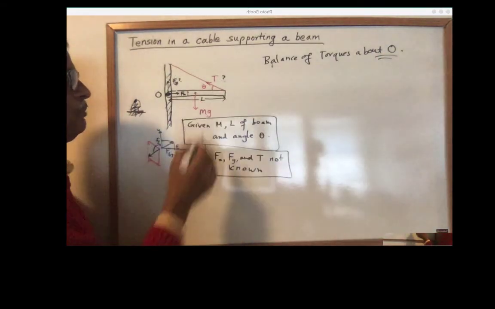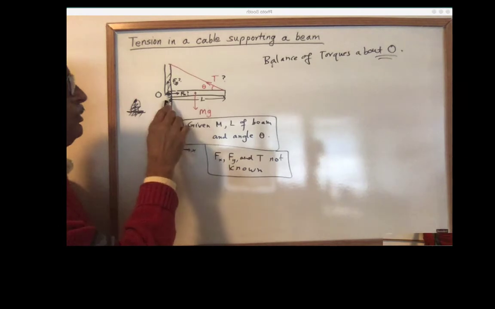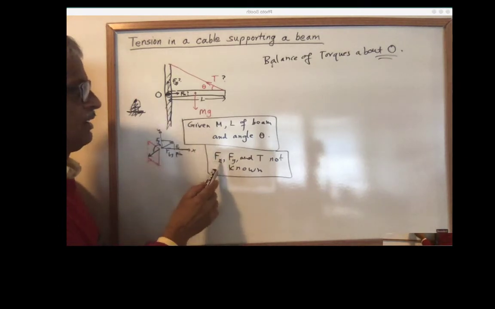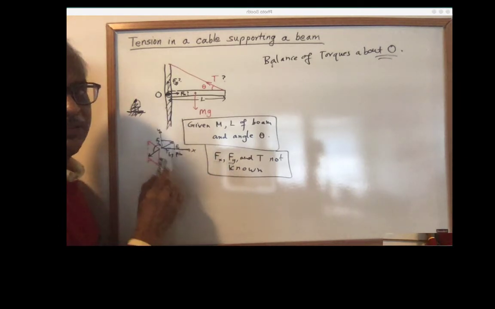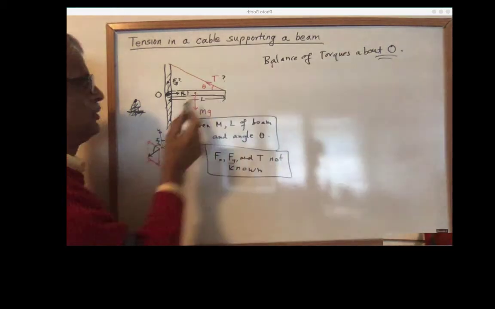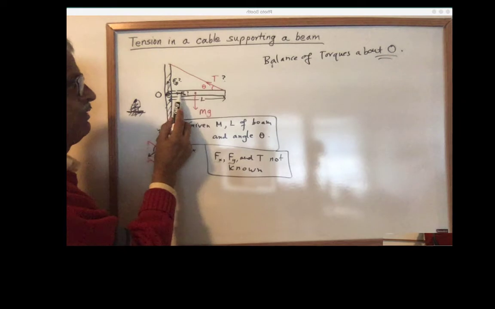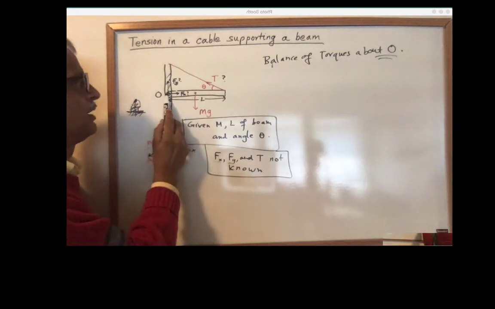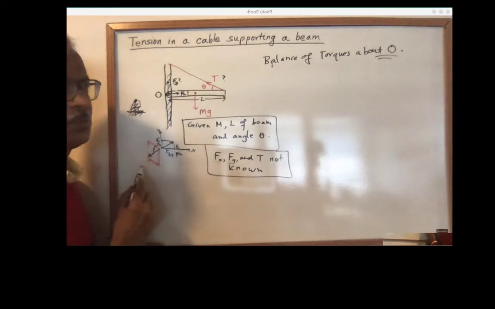Why not about that point or some other point? I picked O because I don't need to know fx and fy, right? If I pick O, the torque by fx will be 0 and the torque by fy will be 0 because the lever arms are 0.